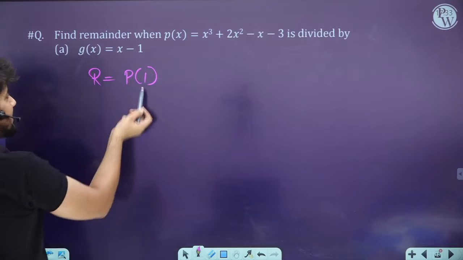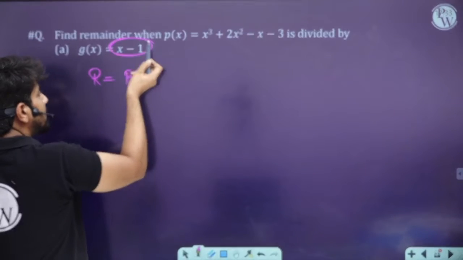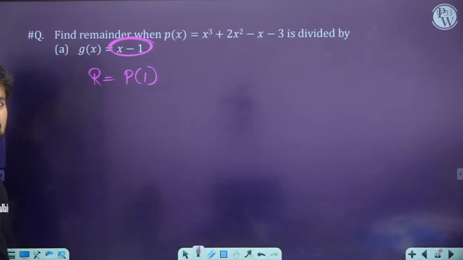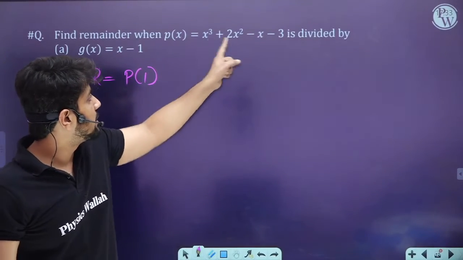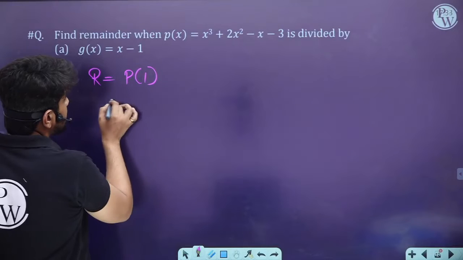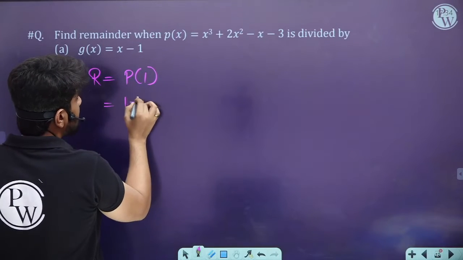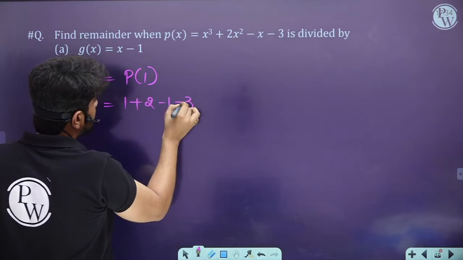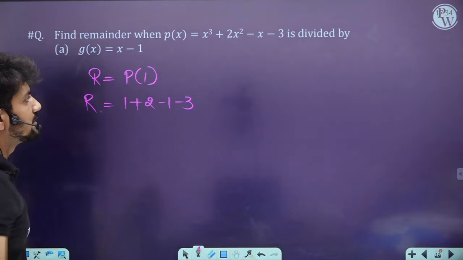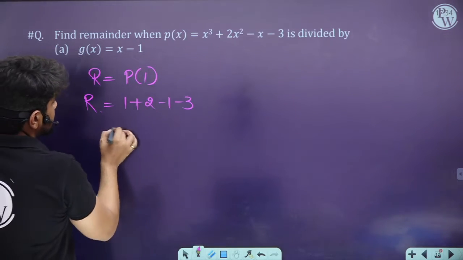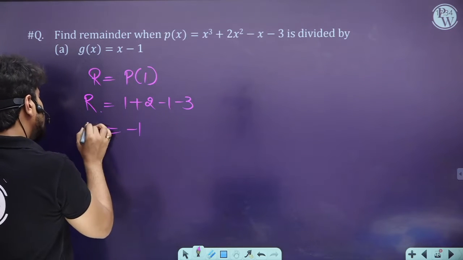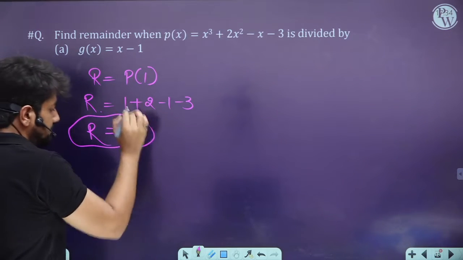Basically that value of x where this divisor expression becomes 0, that will be the remainder. If I put the value for x as 1, I'll be getting 1 plus 2 minus 1 minus 3, that will be the remainder, which is minus 1. Remainder will be minus 1.